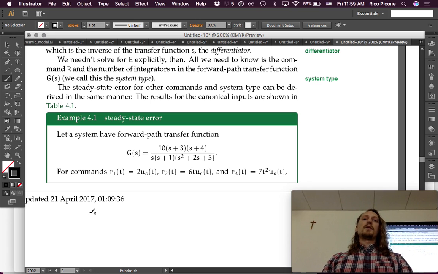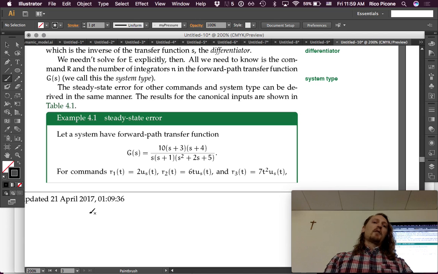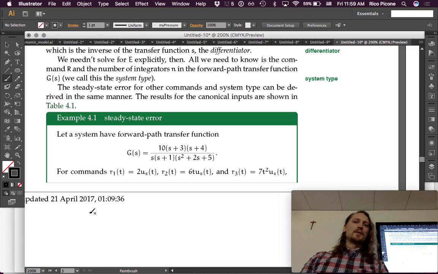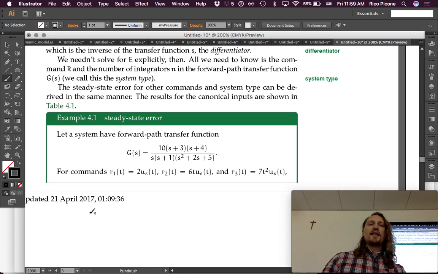Actually, 14 times the parabolic input, because I didn't put the over 2. Then, what is the steady state error going to be?